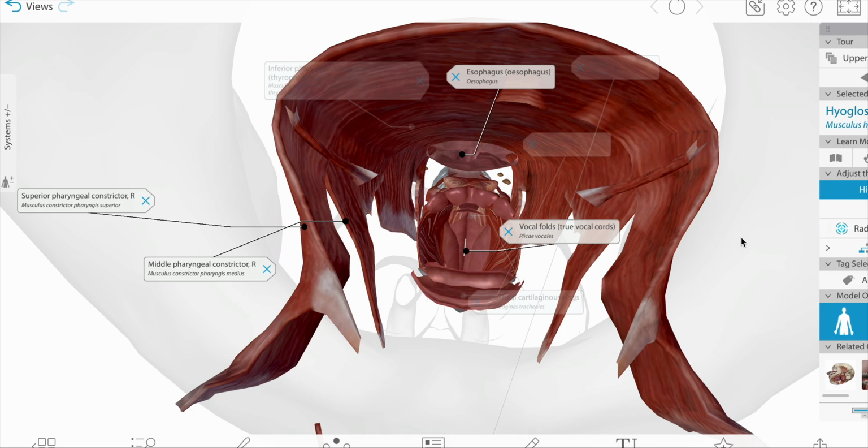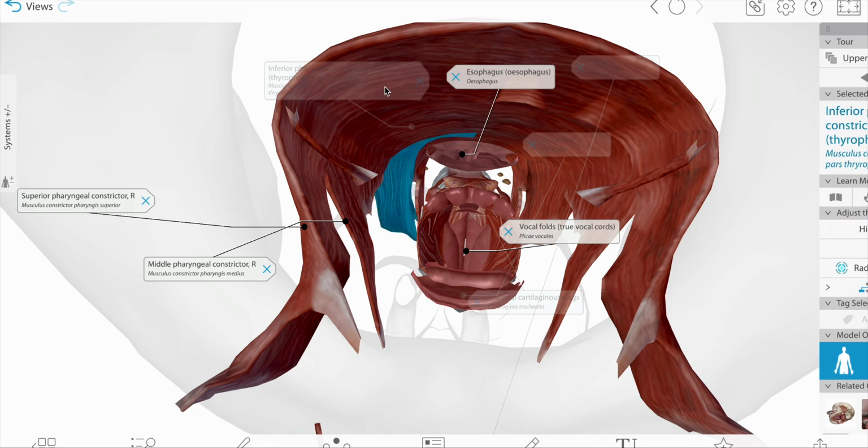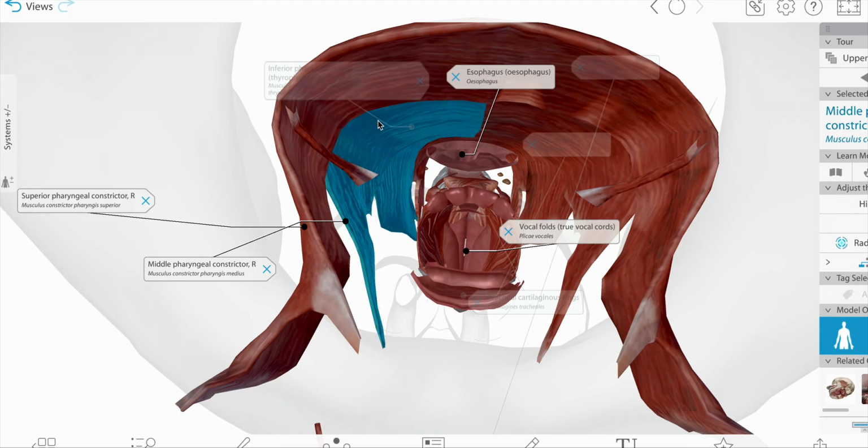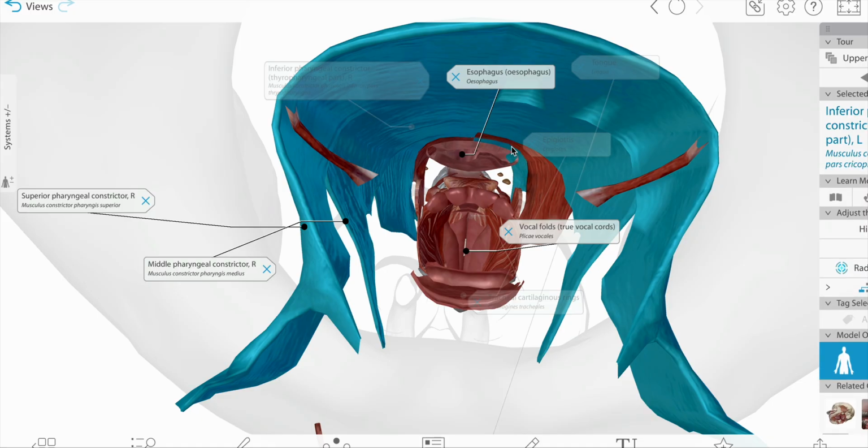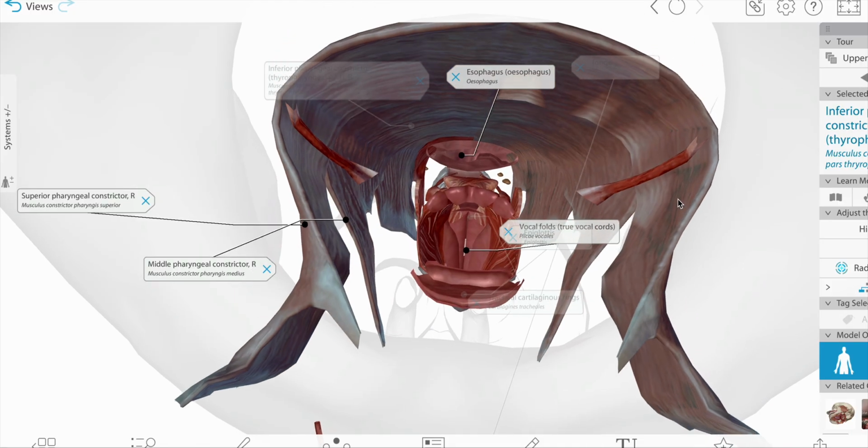But the concept of the upper esophageal sphincter is that you have this inferior pharyngeal constrictor muscle. Remember that the top third of the esophagus has muscles within it that are lined with striated muscle tissue, and these muscles, these pharyngeal constrictors, as well as some other muscles that support the throat and the airway, are under semi-voluntary control.